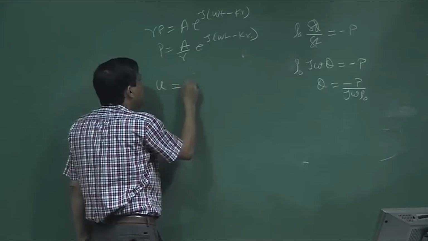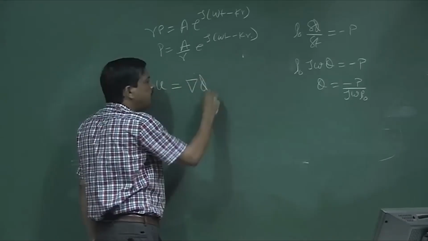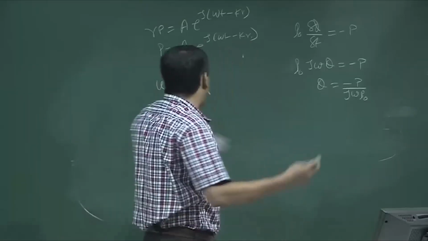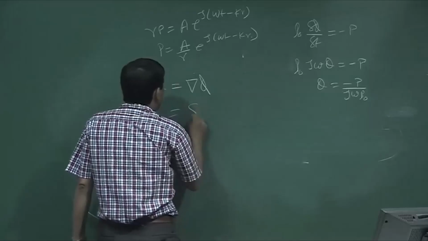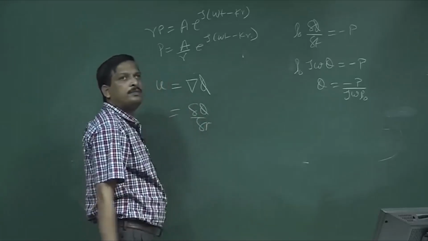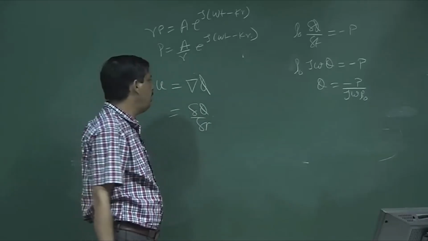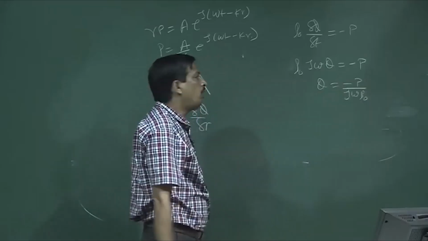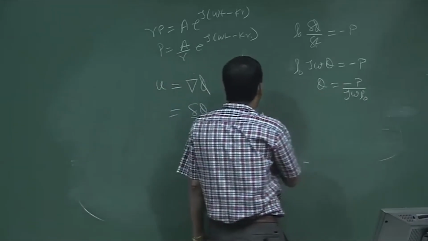Now what is the particle velocity? U is nothing but the gradient of phi. In the spherical coordinate, this means d phi by dr only. So if I put that d phi by dr in case of P, what will I get? Let us put it here.